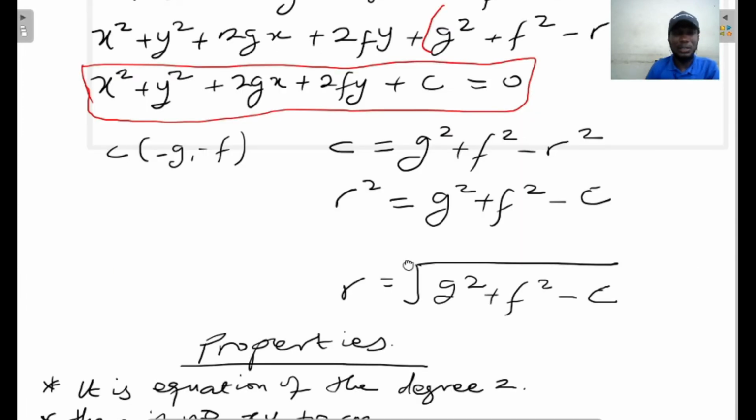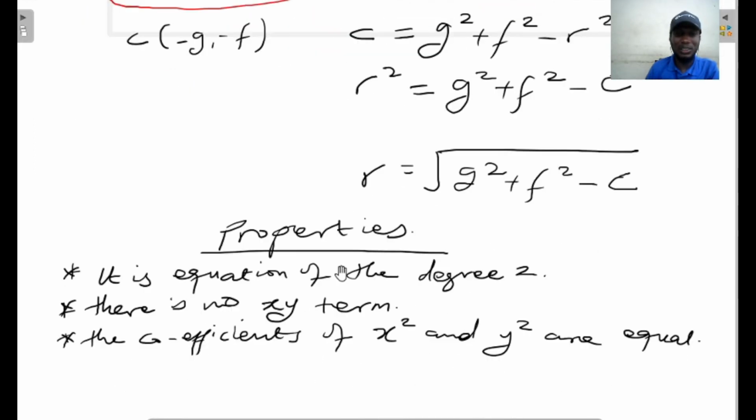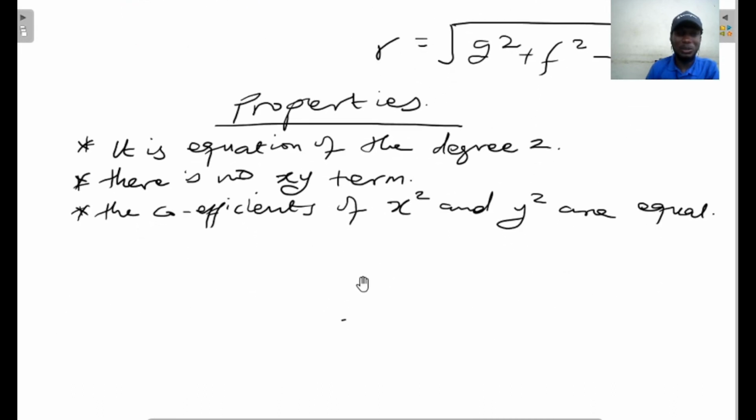So now, after getting this general equation, having the parts explained and taking the properties, we can now take an example. And I'm not going to do anything too different. I'm just going to take the very questions we answered using the standard form of the equation to see whether the general equation will give us the same answers.